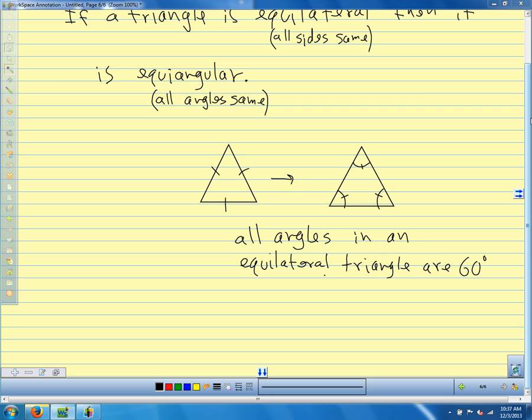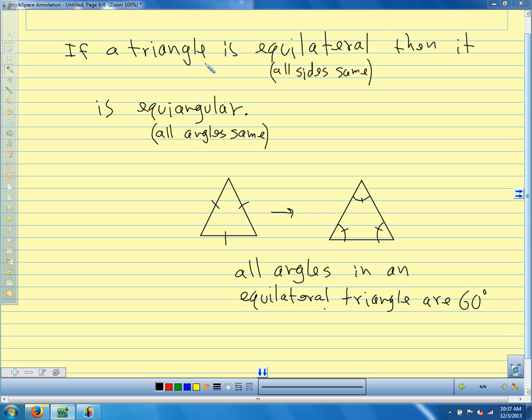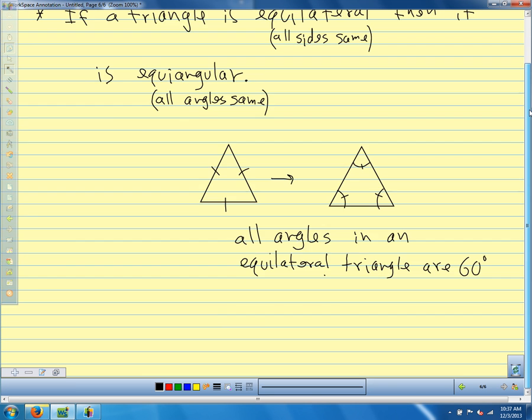So that's one corollary, is that if we have an equilateral triangle, that we have equiangular. The converse is also true. So how would we make the converse of what we just said here? If it is equilateral, then it is equiangular. How would we make the converse of that? If it is equiangular, then it is equilateral. So this is one corollary, and then we're going to do the converse.